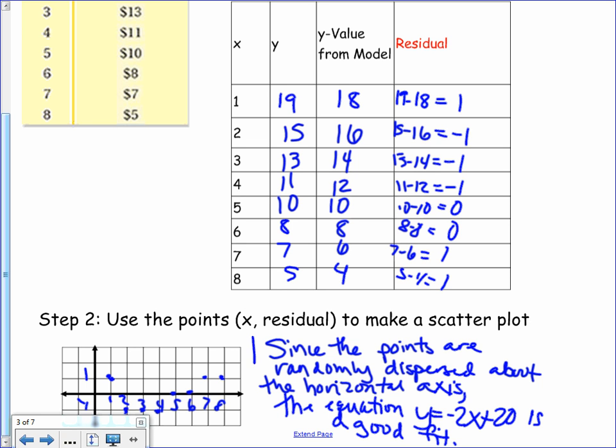That would be our overall answer. It's an awful lot of work to arrive at that answer, but that's how we figure that out.